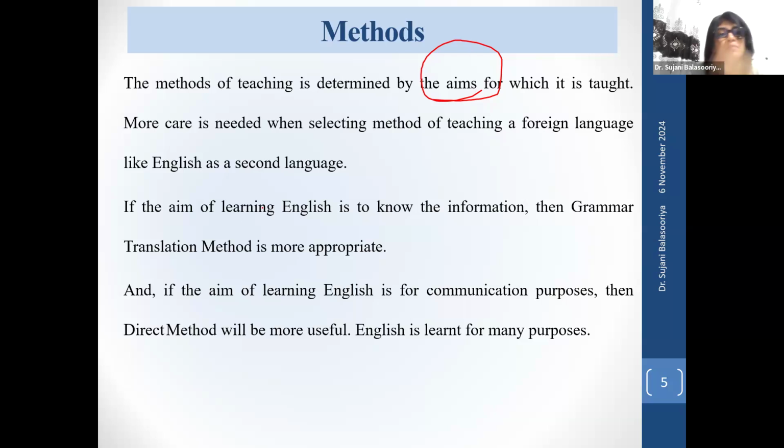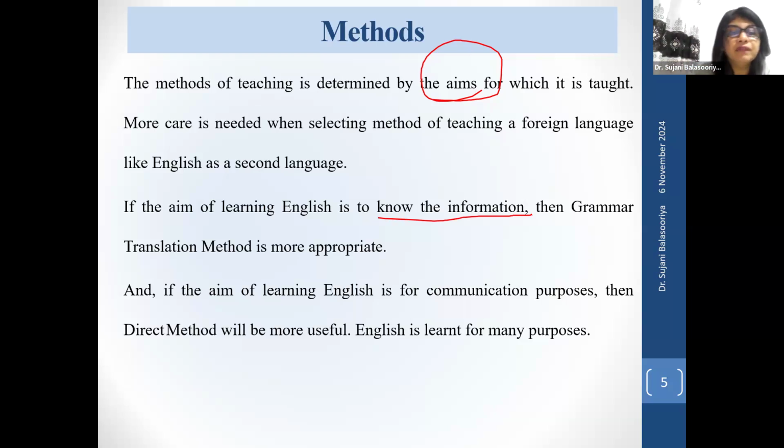If the aim of learning English is to know the information, as a learner you are learning English to get some information about the vocabulary, especially grammar rules, then the suitable method would be grammar translation method. That is one example.